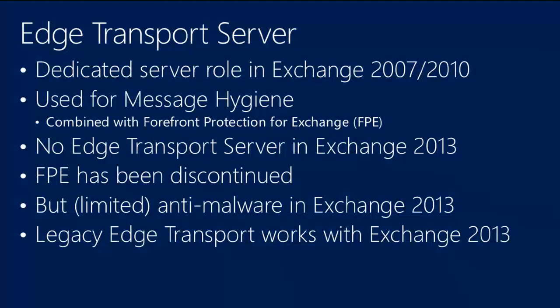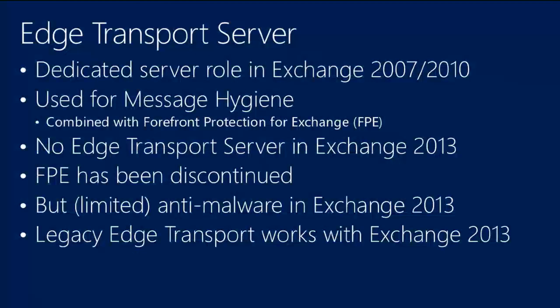So if you still have the license for FPE, there's nothing standing in your way to implement Edge, even if you didn't have Edge in the old days. So you can implement Edge now with 2013, and if you want Edge 2007 or 2010, that's up to you. But you can install it and connect it to 2013.